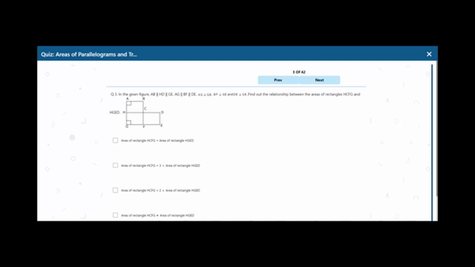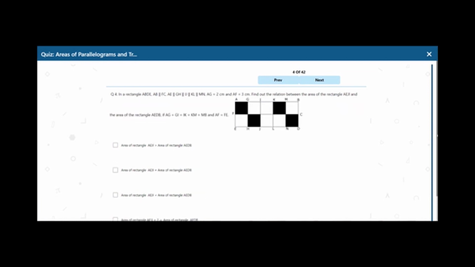They are equal, or 3 times, or 2 times, or not equal. Option 3, ma'am. Oops, that is incorrect. Option D, ma'am. That's correct.